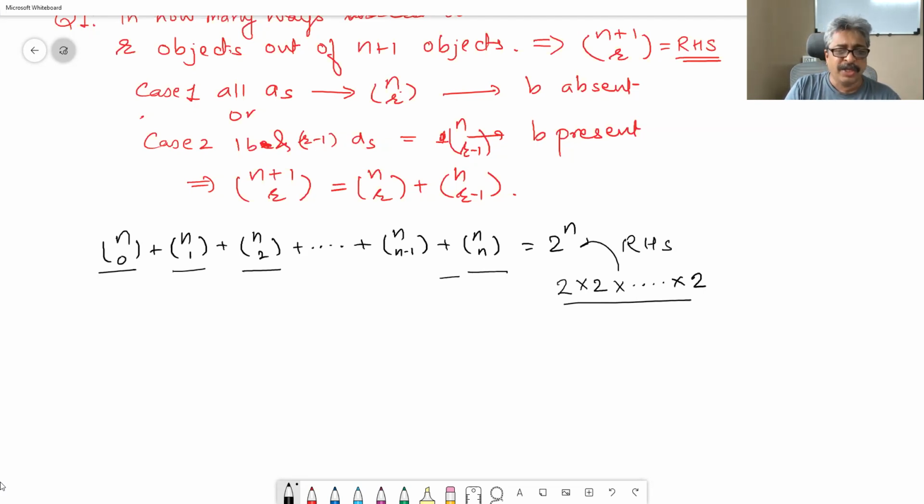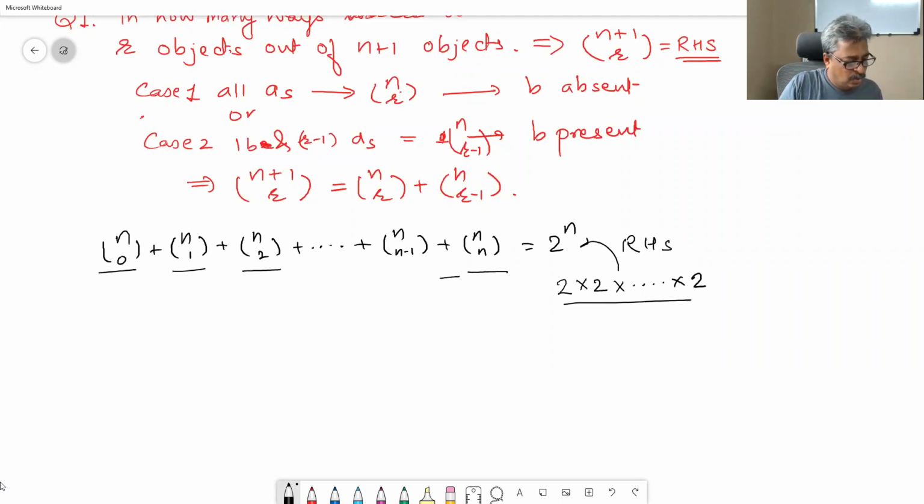So eventually I will carry some vegetables home, but if I count this experiment in two different ways, I will get an identity because the experiment has disappeared. One way of counting is n choose 0, n choose 1, n choose 2, all added. Another way of counting is the choice for every vegetable, yes or no, 2 raised to n.